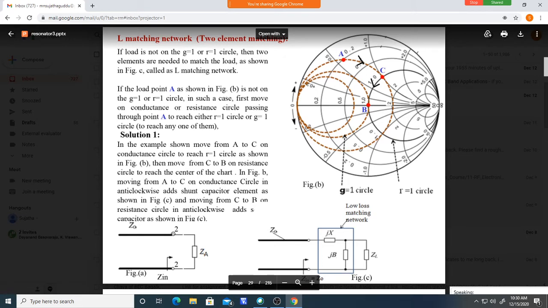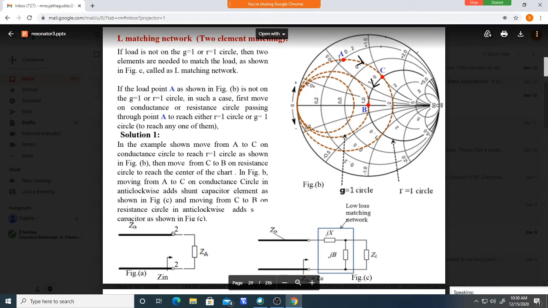We are not changing the conductance value. We are not adding resistance. If you do not want to add a resistance, you should move on a conductance circle like this or on a resistance circle like this, because we do not want to add any resistance here.